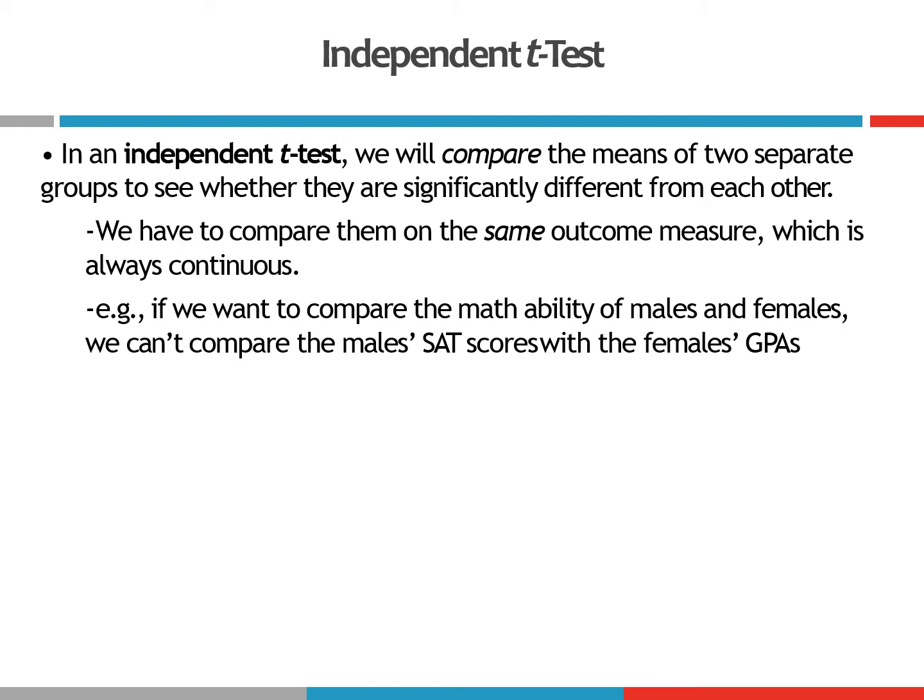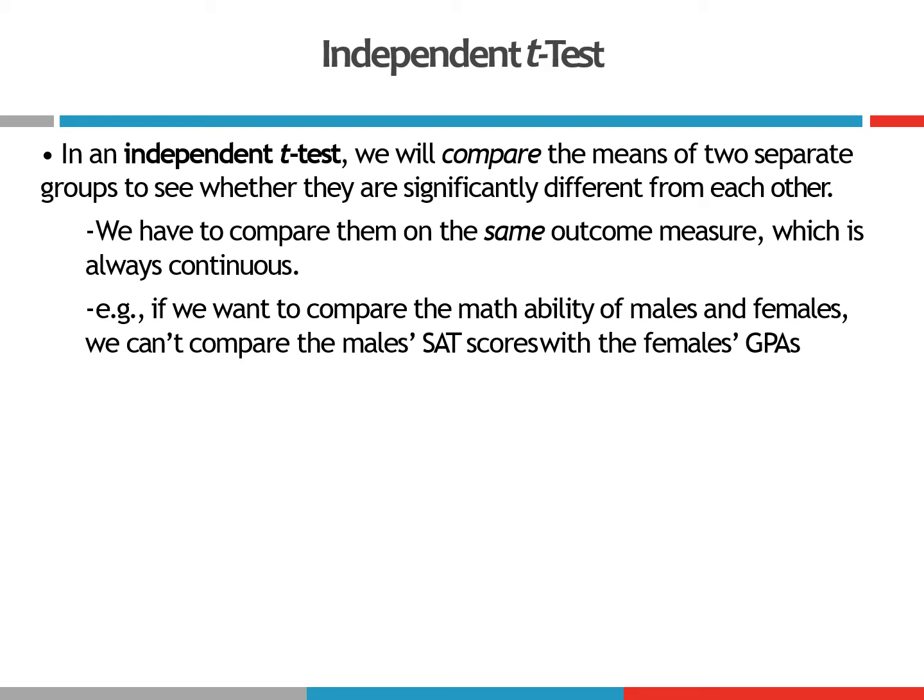And in fact, what we're doing when we conduct an independent t-test is very, very similar. In an independent t-test, we are comparing two separate groups in our sample to see if they are significantly different from each other. One of our variables is going to be a categorical variable, but critically, with the independent t-test, our second variable, our outcome variable, is going to be continuous.